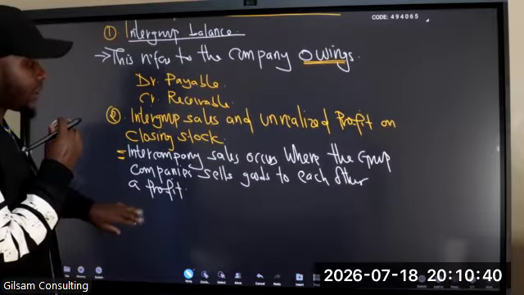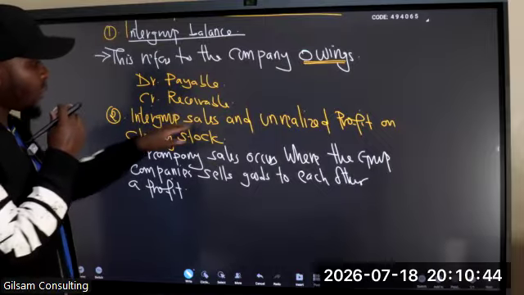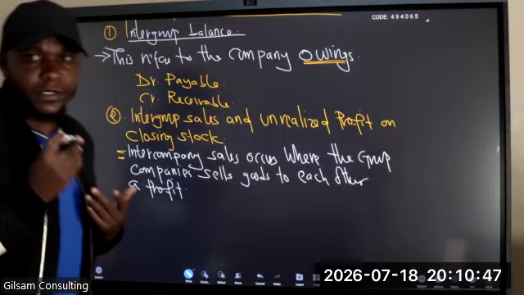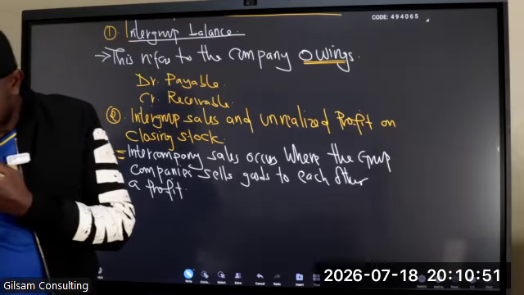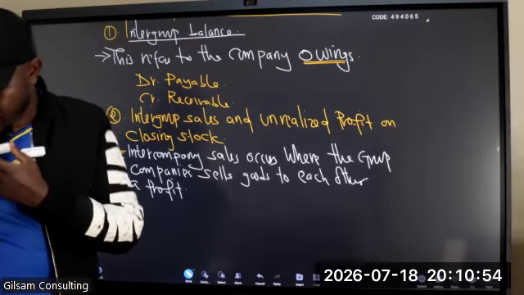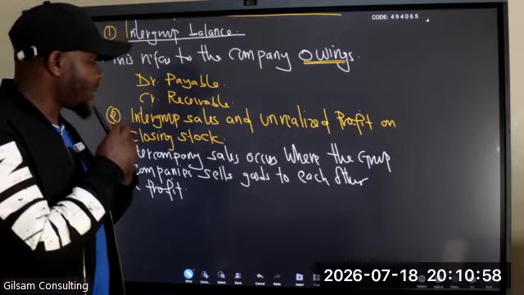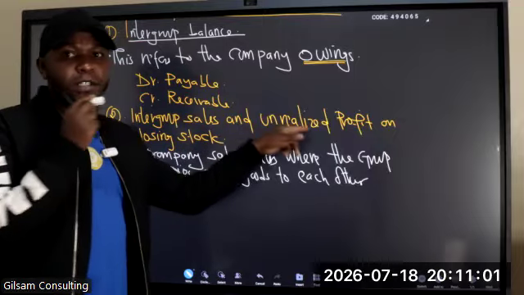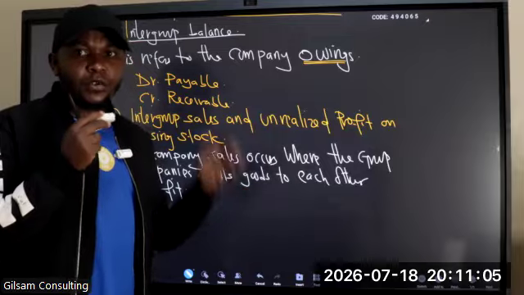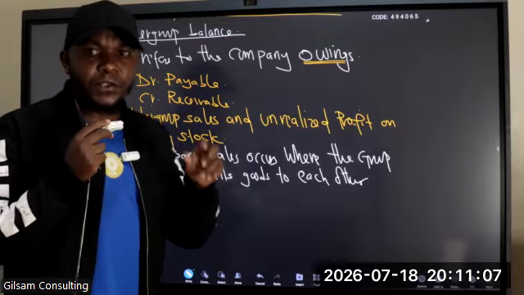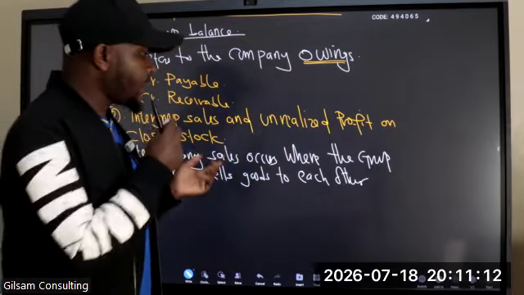So what are the treatments of these intergroup sales and unrealized profit? What do we do with the sales? Because we also need to eliminate this one. Remember, there is no actual profit here. It is the same company doing the transaction, so there is no profit because profit should come from a third party. So we have to eliminate this.